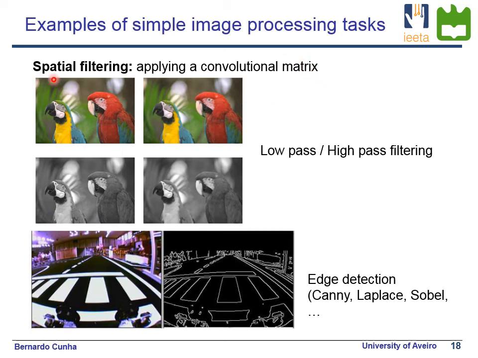One which is very common is called spatial filtering. In spatial filtering, we call it filtering because we do it in frequency. Frequency means the variation of luminance, of chrominance in an image, in a 2D image in this case. We can apply a filter in the frequency domain by multiplying the frequency domain image by a certain kernel.